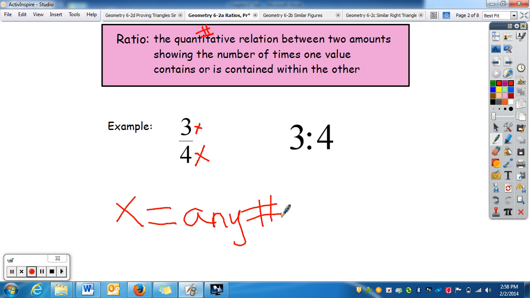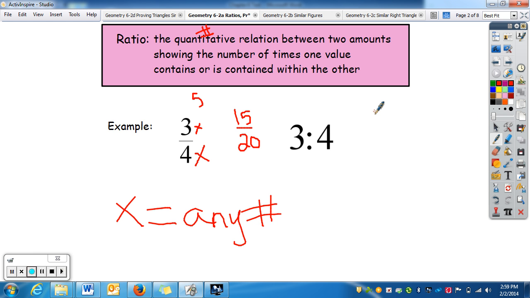Okay? So I can keep the same proportion. So if I say x in this case is 5, the ratio 15/20 also works because this reduces down to 3/4.